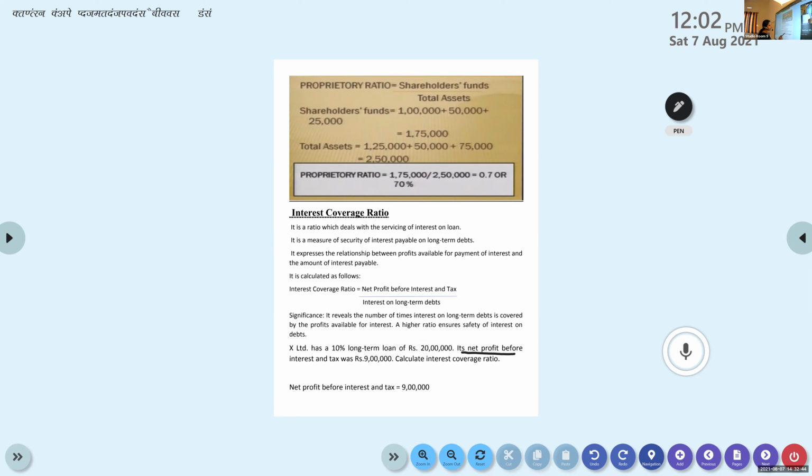How? 20 lakhs is the loan amount. And what is the interest rate? It is 10%. So 20 lakhs into 10 by 100. That will give you the interest on long-term debts.